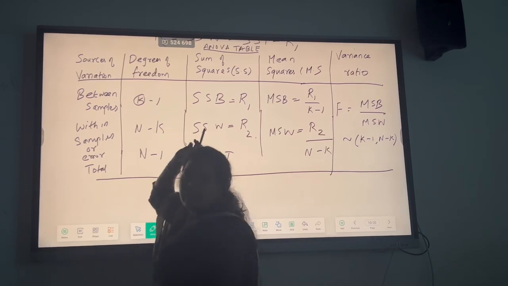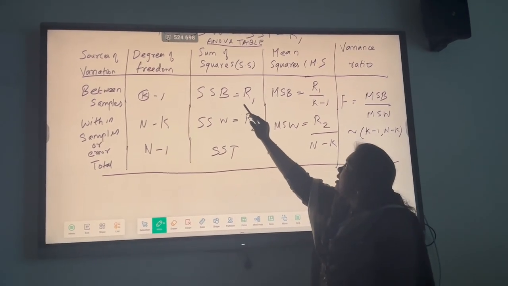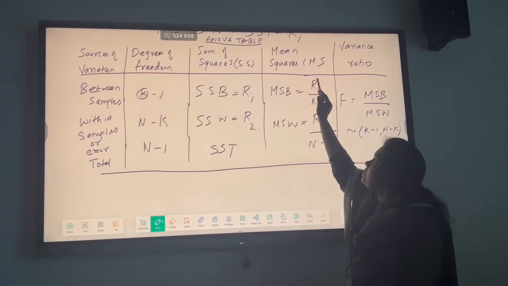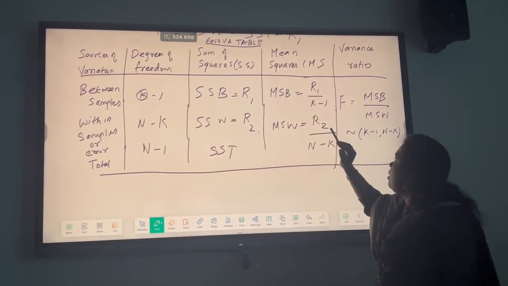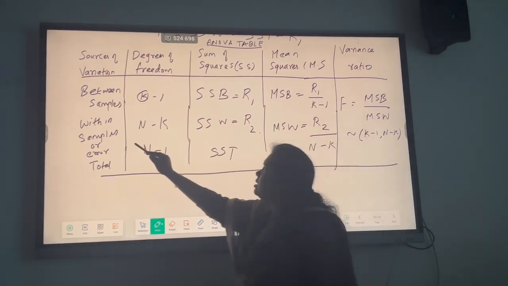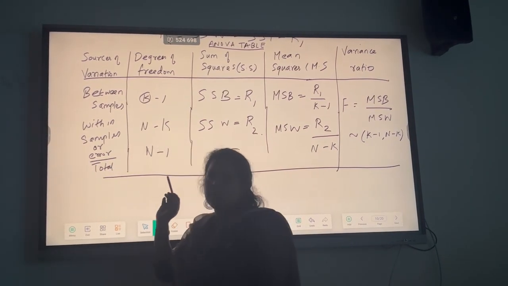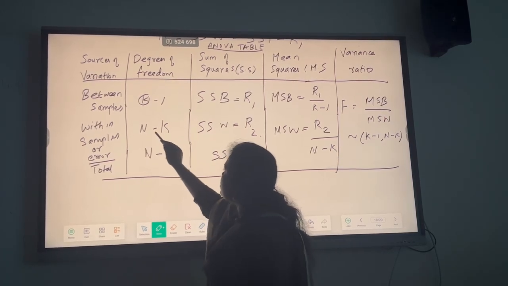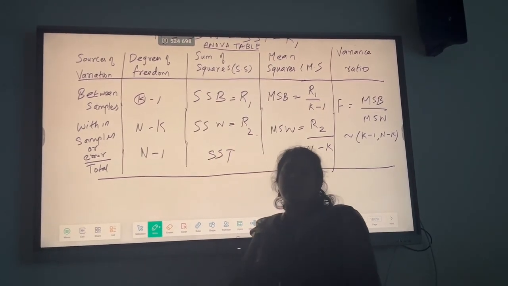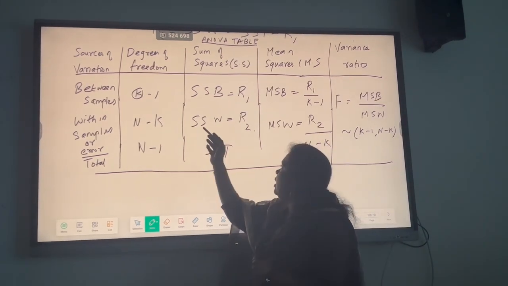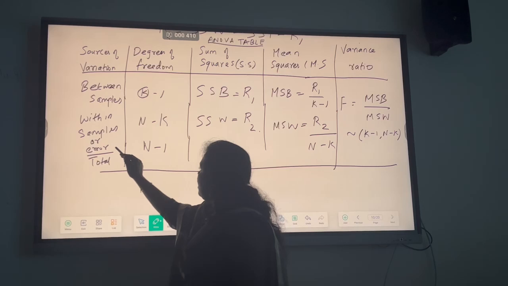The sum of squares SSB equals R1. The mean sum of squares is MSB, which is R1 by k minus 1. Similarly, within samples or error, the degrees of freedom is n minus k, where n is the total number of observations minus k, and SSW is R2.